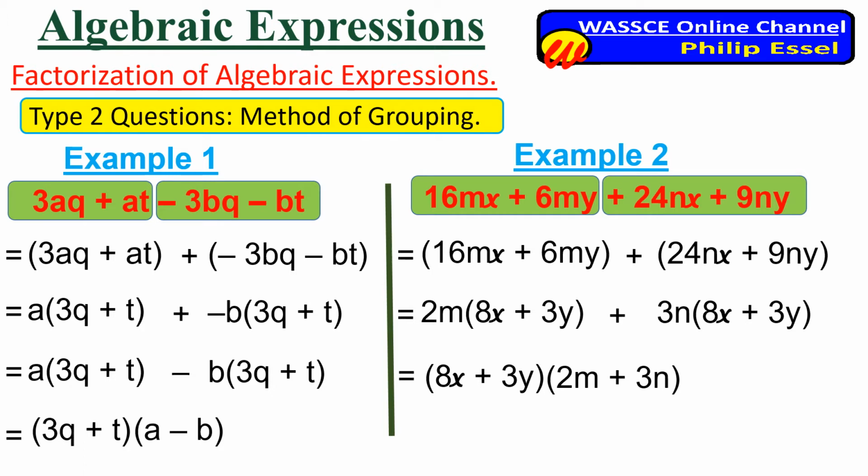What this means is that when we factorize the algebraic expression 16mx plus 6my plus 24nx plus 9ny, we would get the expression all in bracket 8x plus 3y, bracket closed, multiplied by all in bracket 2m plus 3n, bracket closed.